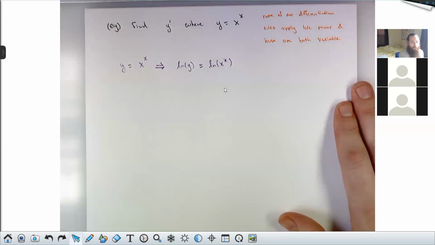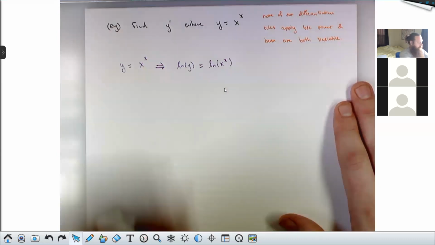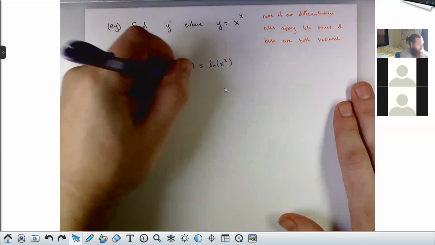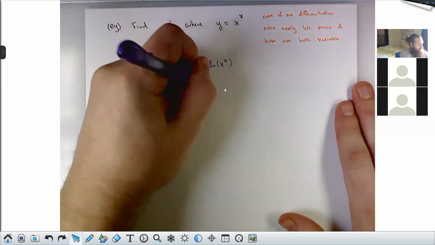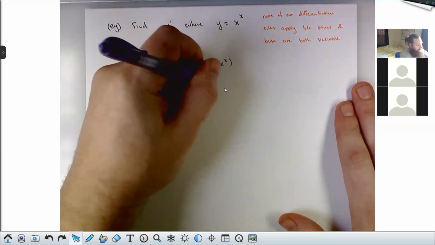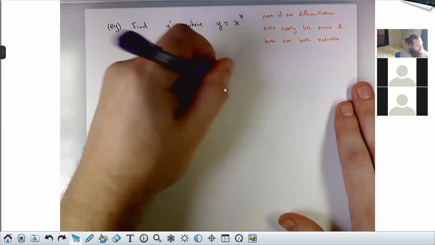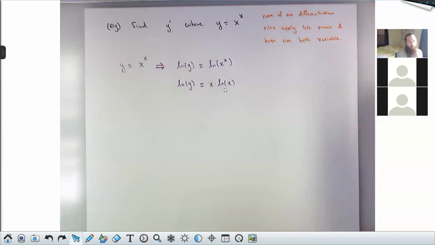And then the ln of x to the x is x times the ln of x, right? That's that third property of logarithms, that powers inside come down out front. So if I apply d dx to both sides here, I will be able to recover y prime.